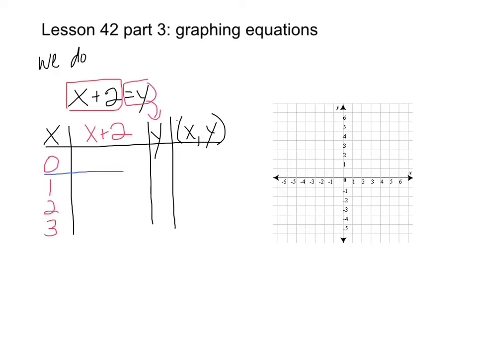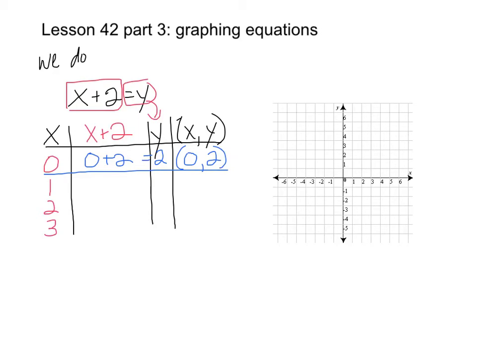Then you are going to plug in for x, whichever x we're doing. In this case, this first row is going to be x equals 0. So we will put 0 plus 2 equals, and 0 plus 2, as you know, equals 2. So whenever x is 0, y is 2.